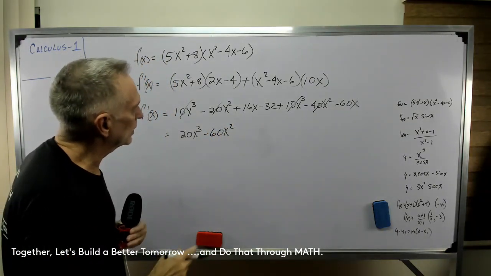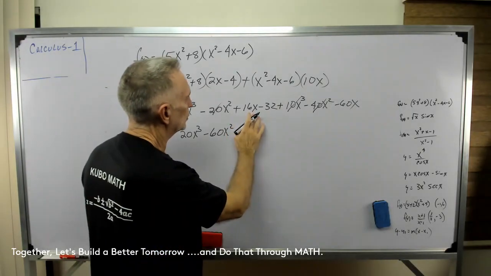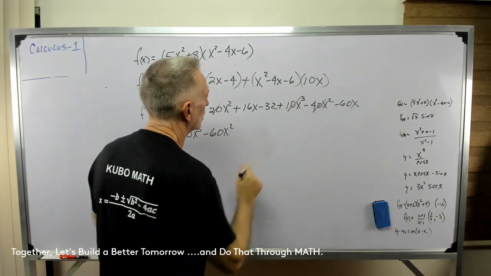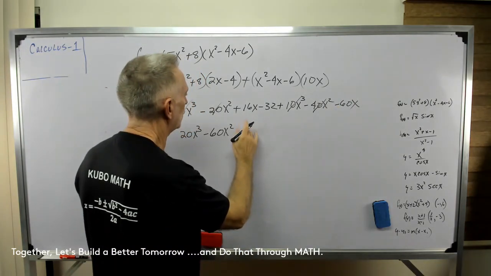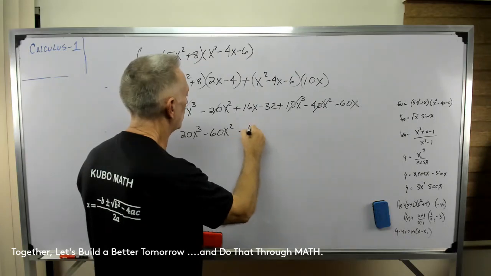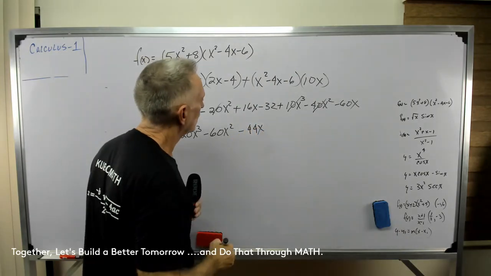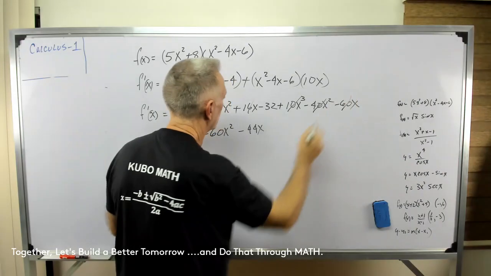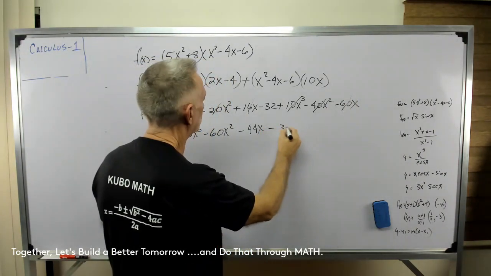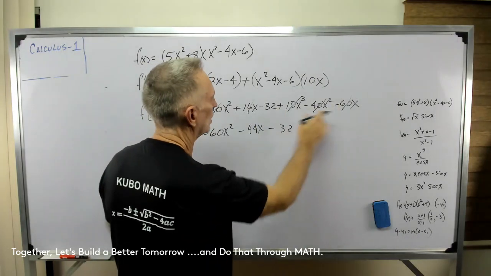All right, let's see. Now we've got 16x minus 60x, which is minus 44x. Okay, that took care of these two guys. And minus 32. That's the only constant, right?